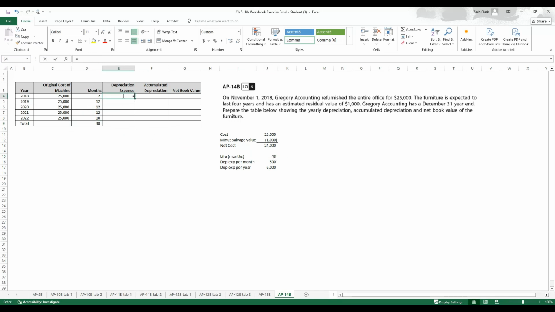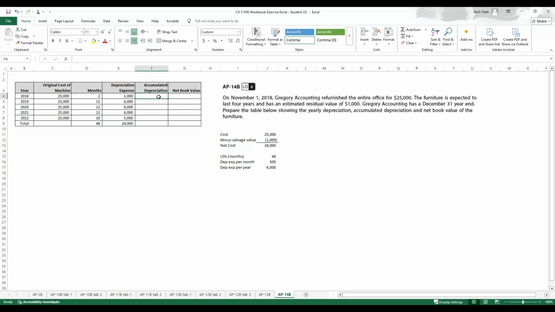And then one thing we can do is we can just take the number of months times the monthly depreciation to give us what that amount would be. And we know, and we could just even link here, if it's 12 months, we know it's going to be 6,000. But anywhere that it's less than 12 months, we need to multiply the monthly times the total amount of months. Okay, so in those 4 years, now we've recorded $24,000 of depreciation expense, which you can see here is equal to the net cost.